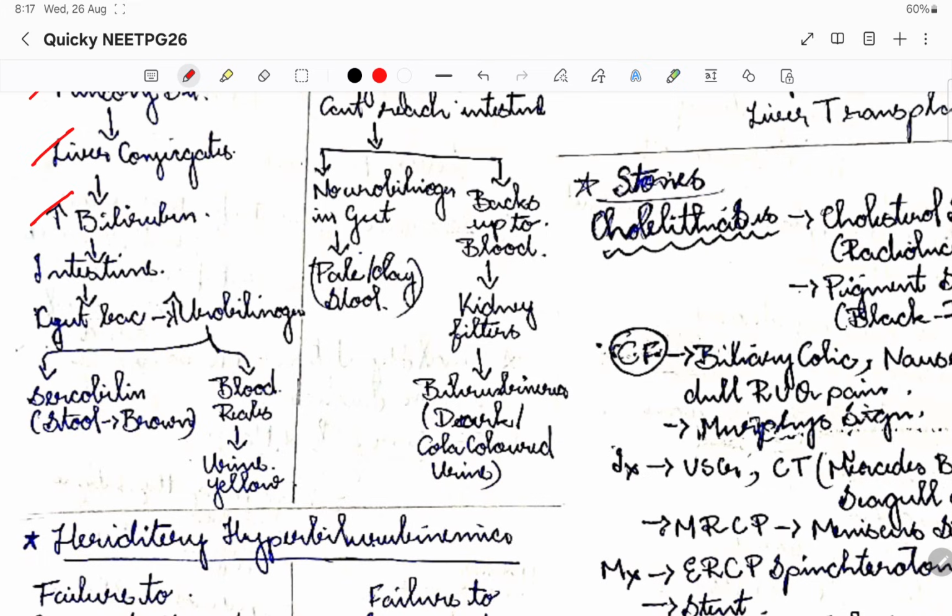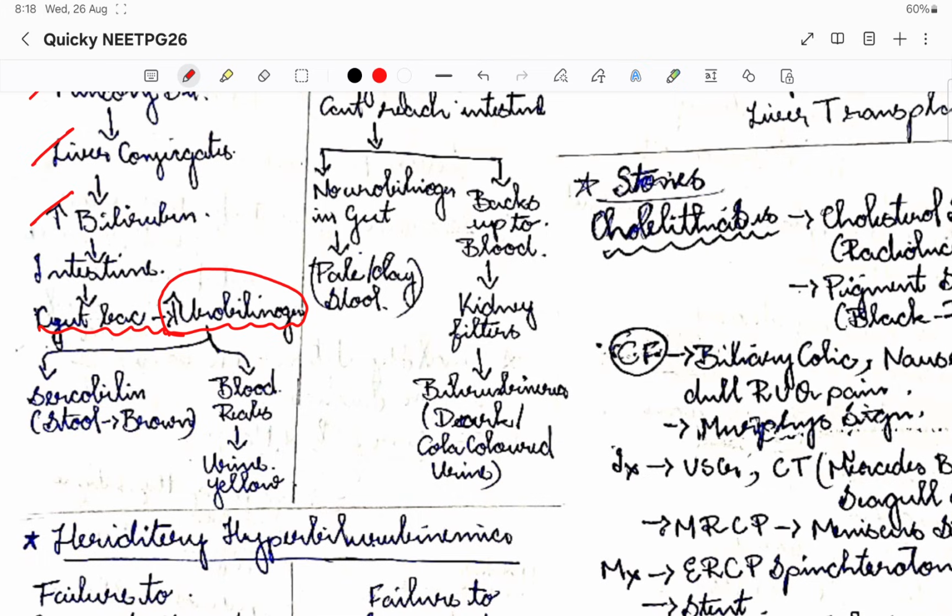This bilirubin reaches the intestine, and here the gut bacteria will convert the bilirubin into urobilinogen. Please remember, there is increased urobilinogen. Normally urobilinogen will be there, but because of increased hemolysis, there is increased urobilinogen.